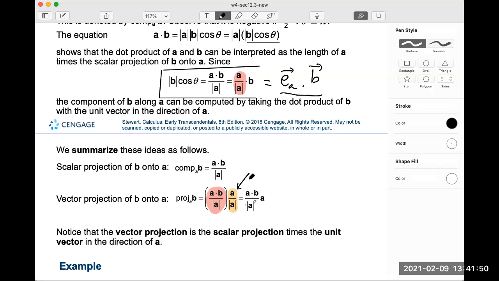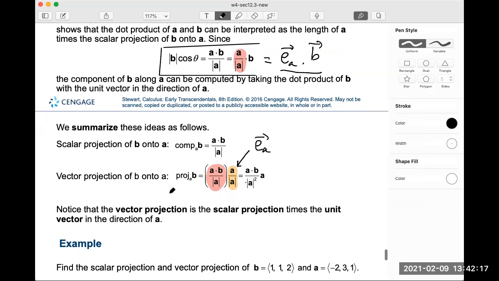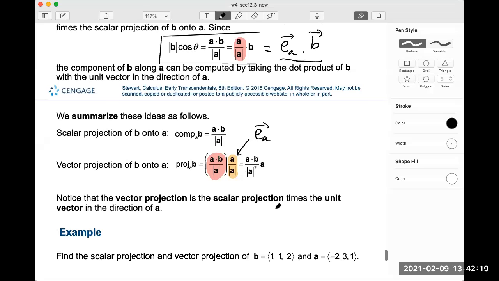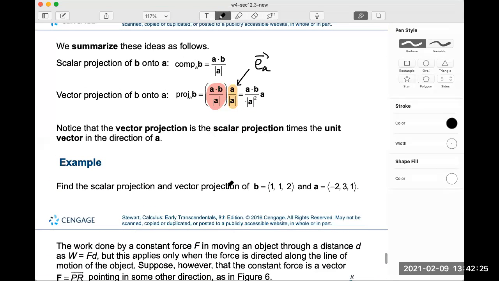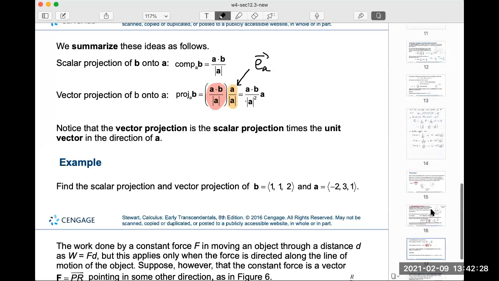A divided by magnitude of A. That is E, the unit vector of the vector A, right? So therefore, the vector projection of vector B is easy. We just find the scalar projection and then multiply with the unit vector of vector A. Easy, right? Okay. Then that's it. That is the idea of vector projection and scalar projection. Quite simple. And now let us together do the example here.